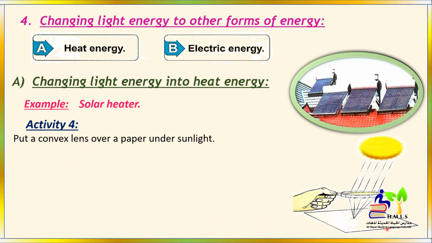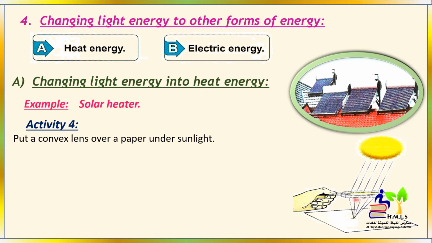We are going to bring a paper and a convex lens. Okay, hold the convex lens like this on the paper. Okay, put a convex lens over a paper under the sunlight.